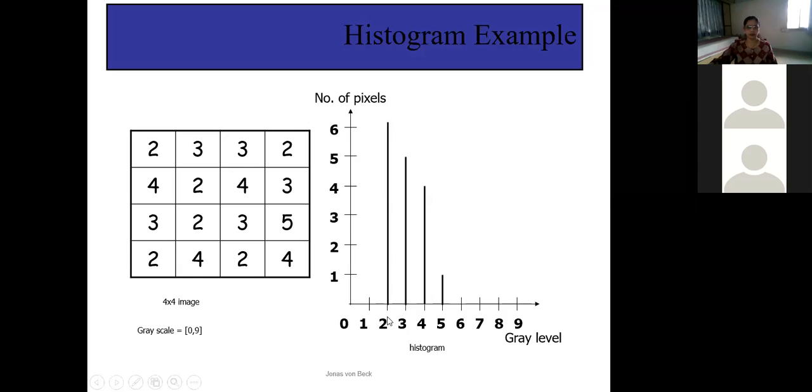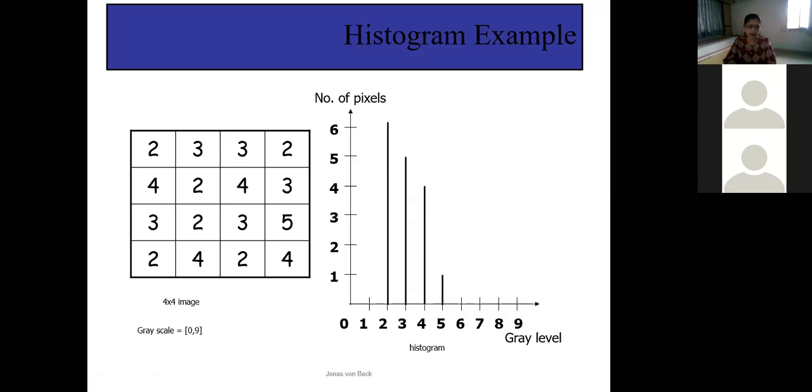For 2, in total there are 6 pixels. For 3, there are 5 pixels, 1, 2, 3, 4, and 5. For 4, there are 1, 2, 3, and 4 pixels. And for level 5, there is only 1 pixel. Okay, so this is the histogram of an image.